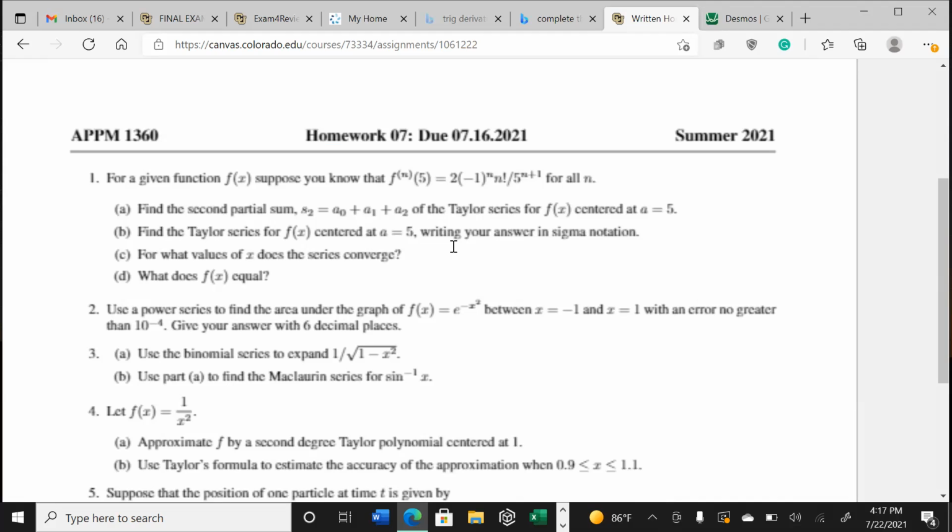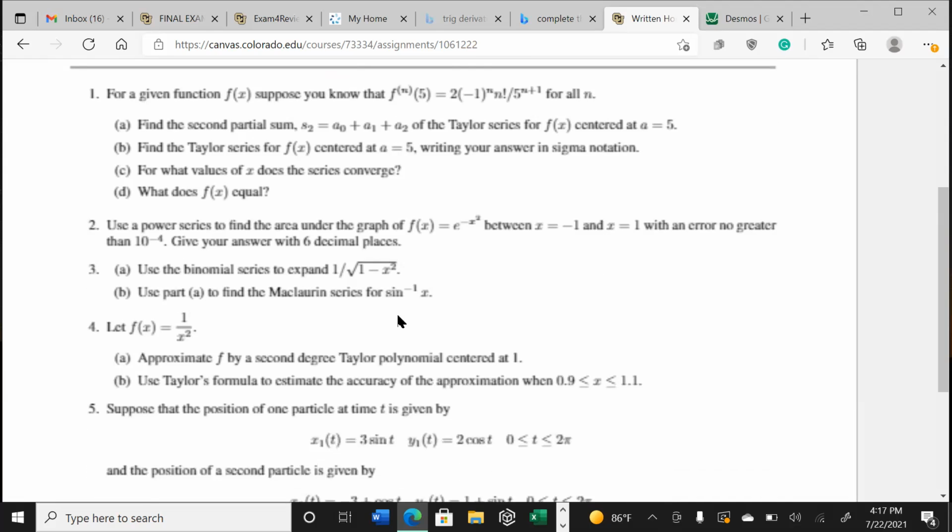I just wanted to make sure that was okay. And then when you find the Taylor series for it, would the Taylor series be 2/5 times -1 to the n times x minus 5 over 5, all to the n?